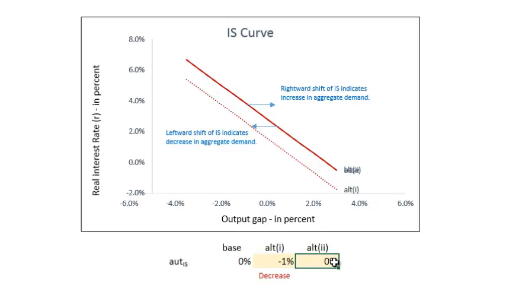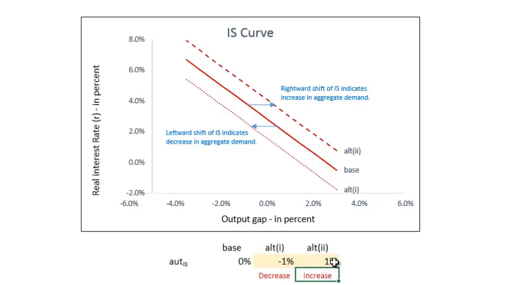In the other direction, what happens if we have an autonomous increase in expenditures? So, for example, let's suppose that consumers decide that the probability of being unemployed is lower, so they spend more, they become more optimistic, or firms become more optimistic. Or let's say that the government is in the middle of an election year and it wants to buy some votes. Not to be too cynical here, let's call that a 1% increase.